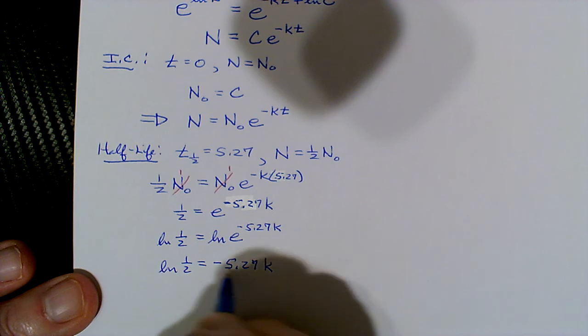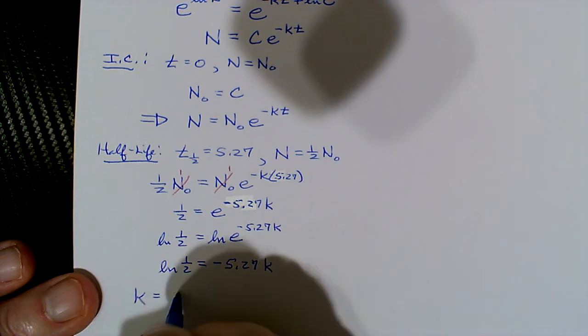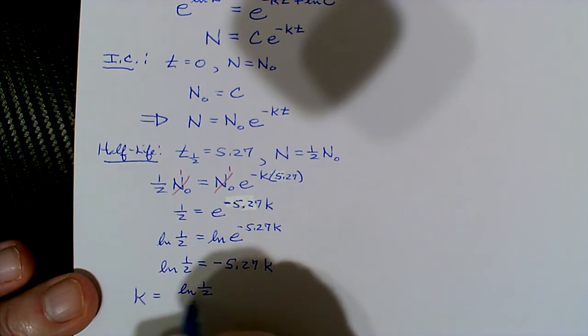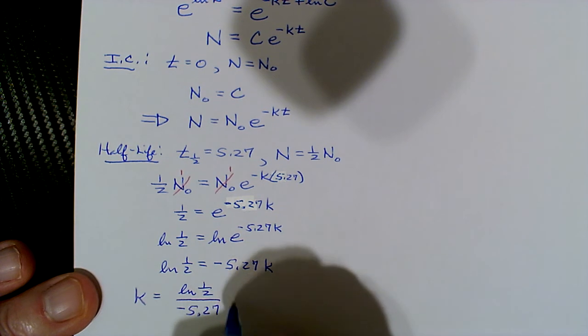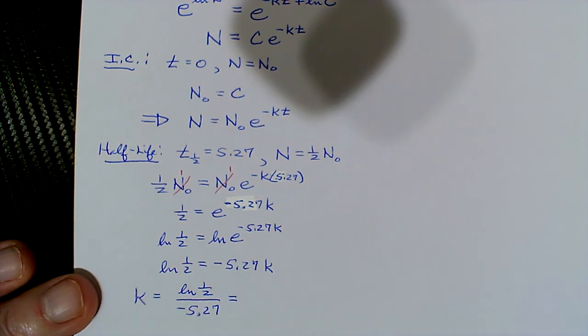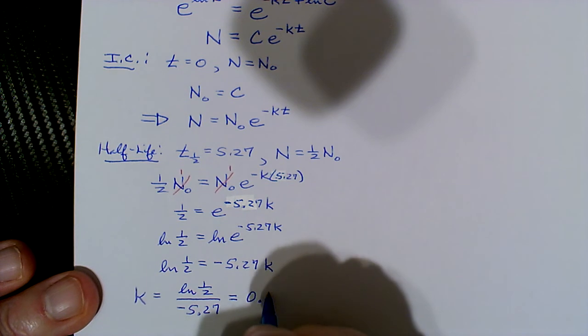Okay, so then dividing by negative 5.27, k is the natural log of 1/2 over negative 5.27. And you can go to your calculator and carry this out to 4 decimal places.